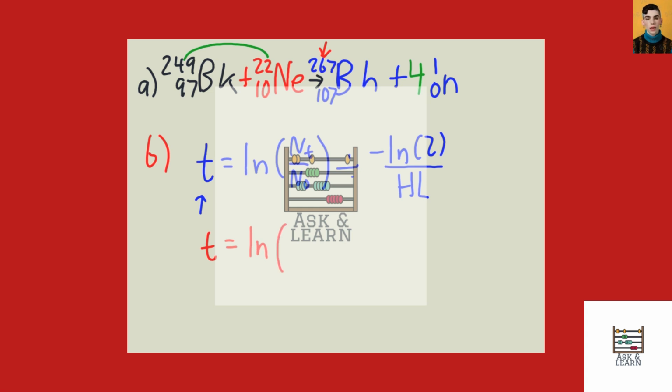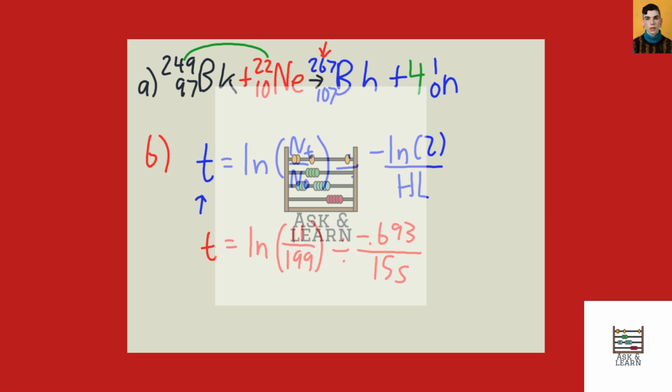We know by the time it is reached, there will only be 11 atoms left, compared to 199 at the start of this decay. The negative ln of 2 simplifies to negative 0.693, and we know that the half-life is 15 seconds. So at this point, it is simply a method of plugging this into our calculator.